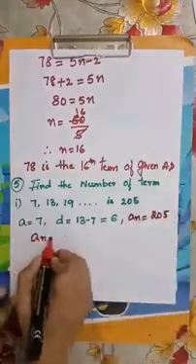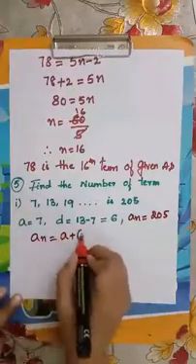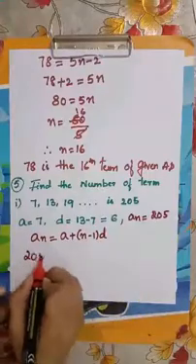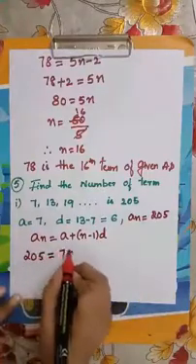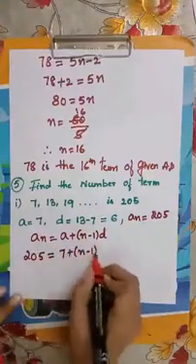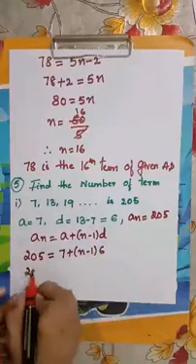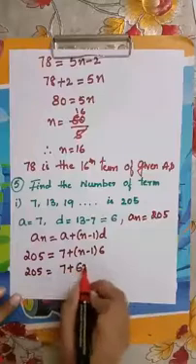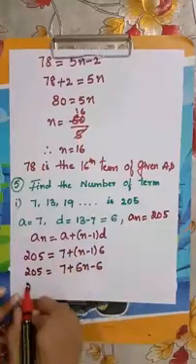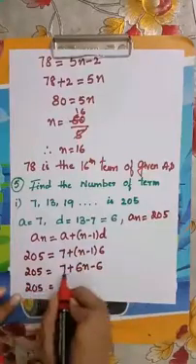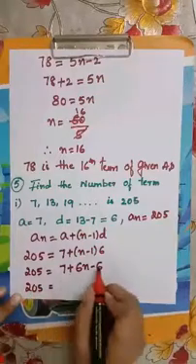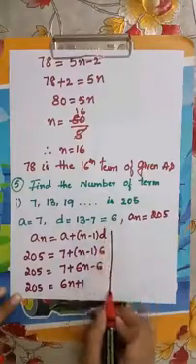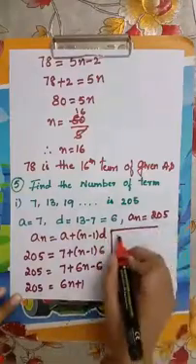Formula, an is equal to a plus n minus 1 into d. So 205 is equal to 7 plus n minus 1 into 6. 205 is equal to 7 plus 6n minus 6. 205 is equal to 7 minus 6 is 1, 6n plus 1. नंबर्स को एक जगह कर दीजिए.